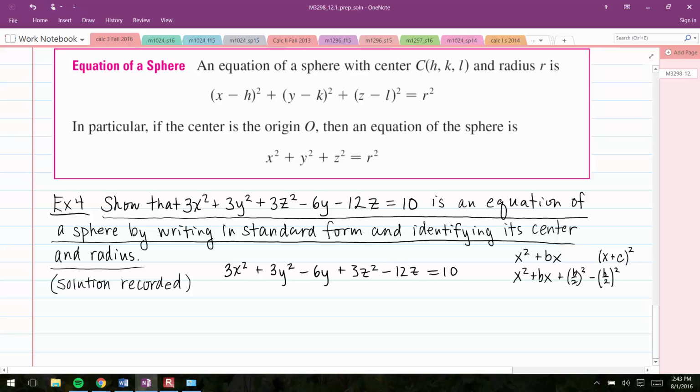So the completing the square part is now we're going to take this and factor it into a perfect square. That's going to be x plus b over 2, that quantity squared. It looks ugly, but the minus b over 2 squared thing is just a constant, and we're going to be able to take care of that at the end and include it with the radius on the right. So that's not going to cause us any problems in the long run.